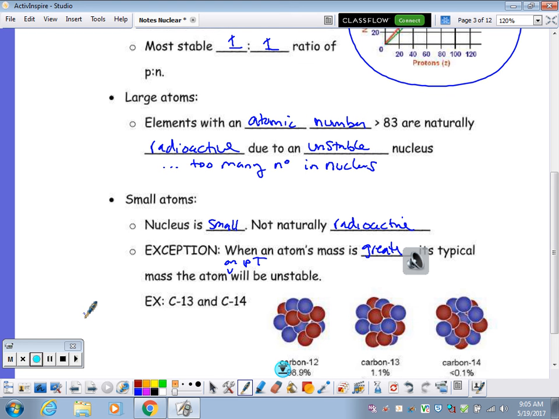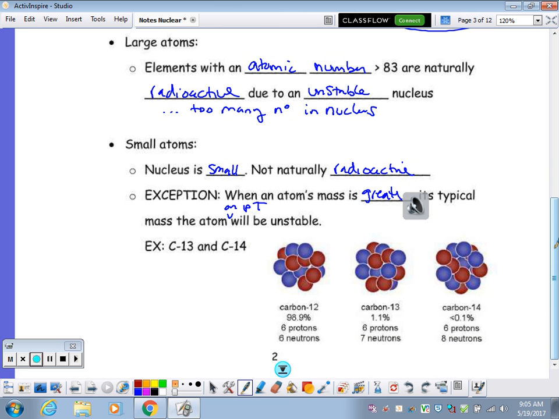A great example of this would be the carbon isotopes. Carbon-12, which makes up the largest abundance of all carbon atoms, has 6 protons to 6 neutrons, so it has that perfect 1-to-1 ratio. It is a completely stable isotope.